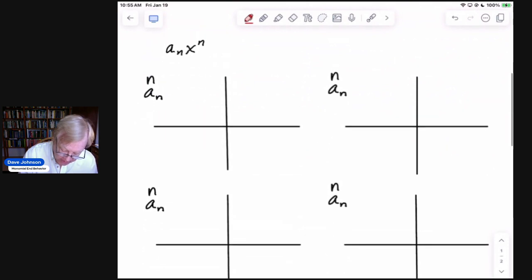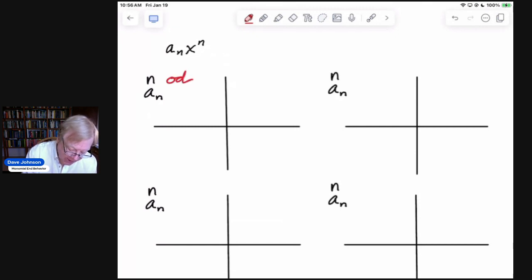So I've taken the liberty of drawing some graphs, and we really have four different cases. If you can recognize these four situations in your polynomial, you'll be able to determine the end behavior. And again, we're looking at the leading term only. Okay, so let's start with n odd.